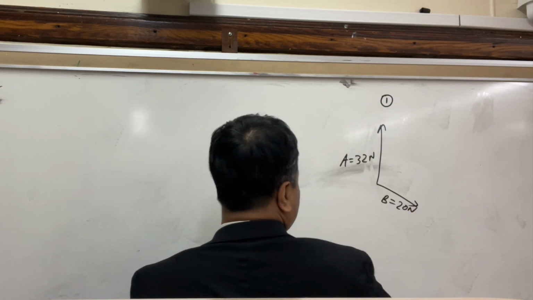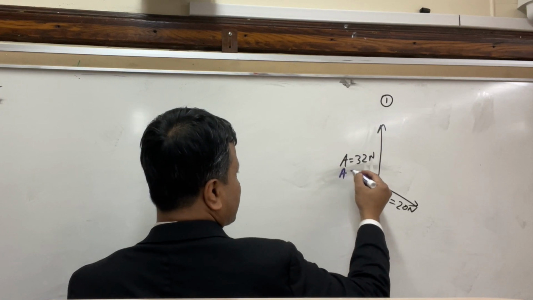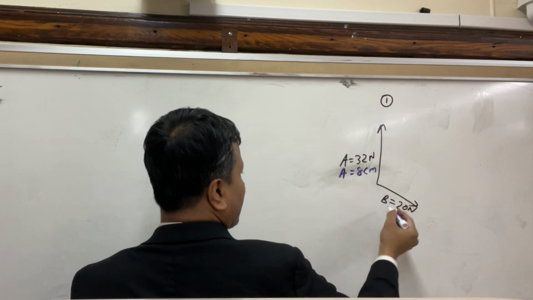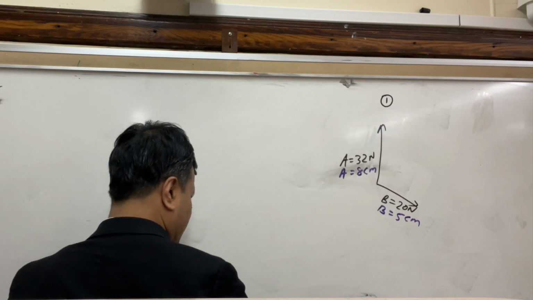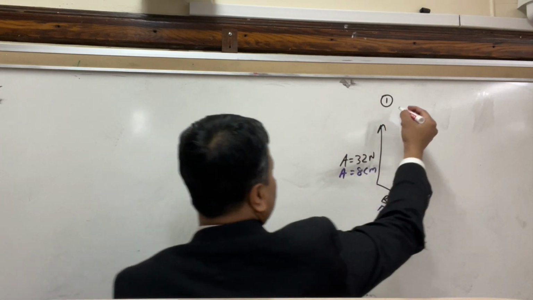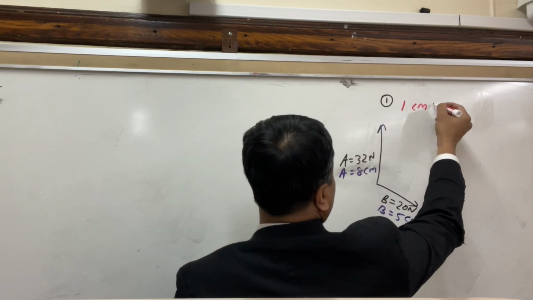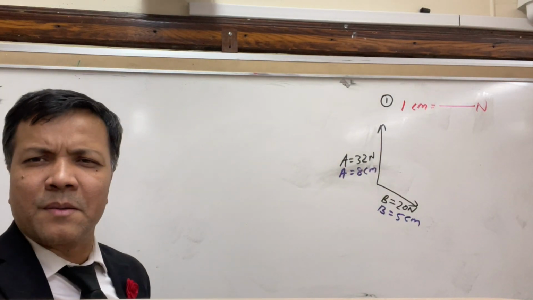Of course, when you take the ruler and measure it, you see that A is 8 centimeter and B is 5 centimeter. And I ask you, 1 centimeter is equal to how many Newton? That's the problem I ask you.